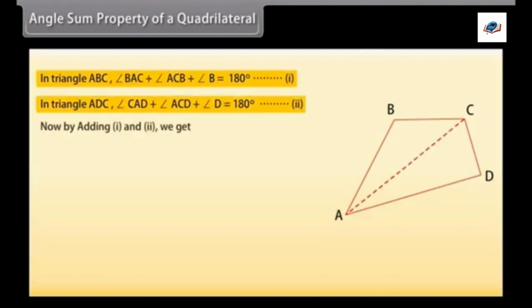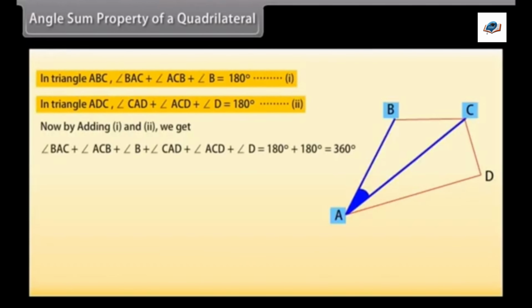Now, by adding 1 and 2, we get angle BAC plus angle ACB plus angle B plus angle CAD plus angle ACD plus angle D is equal to 180 degree plus 180 degree, which is equal to 360 degree.